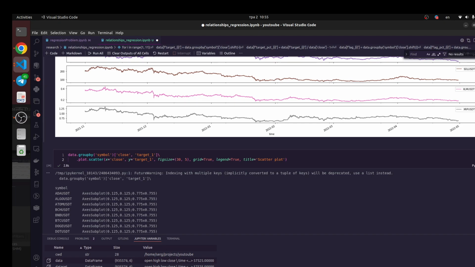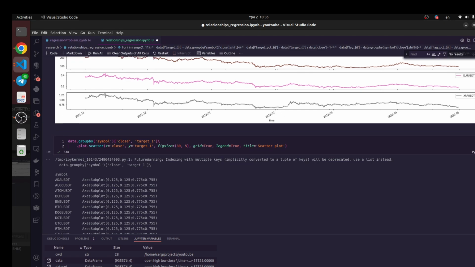Okay, next what we need to do is create a scatter plot. Using the scatter plot we'll also group by symbol, and we're going to take out close and the target variable, and we need to indicate that we plot a scatter between close and target to understand whether we have linear dependency between the two variables or not.